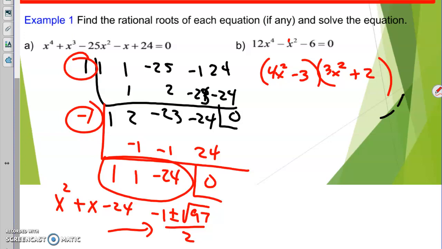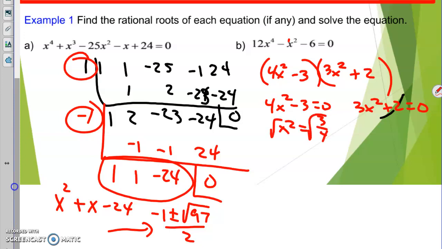And so if I set each of those equal to 0, I know that I get x squared equals 3/4, square root, and it'll be a plus or minus, so I get x equals plus or minus the square root of 3 over 2.